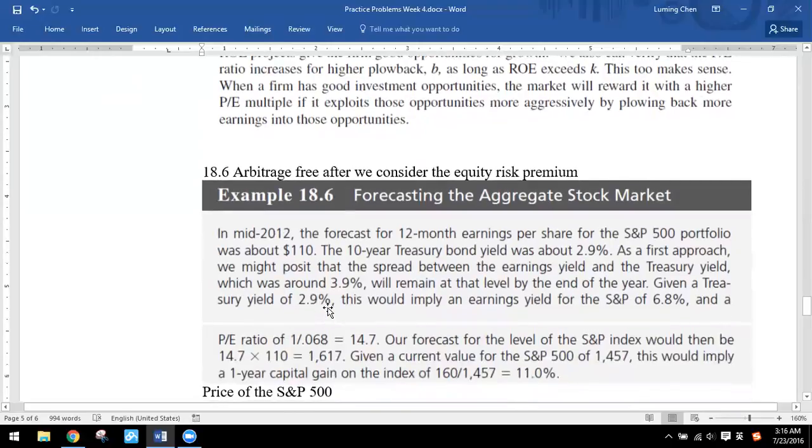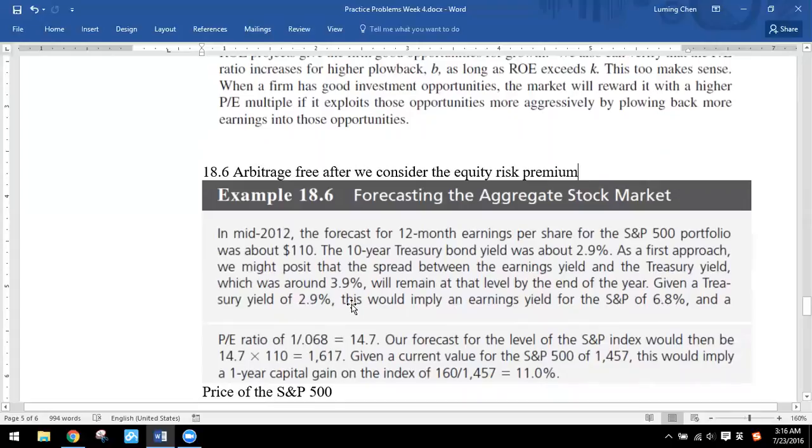The 10-year Treasury bond yield was about 2.9%. As a first approach, we might posit that the spread between the earnings yield and the Treasury yield, which was around 3.9%, will remain at that level by the end of the year. Given a Treasury yield of 2.9%, this would imply an earnings yield for the S&P 500 of 6.8%.